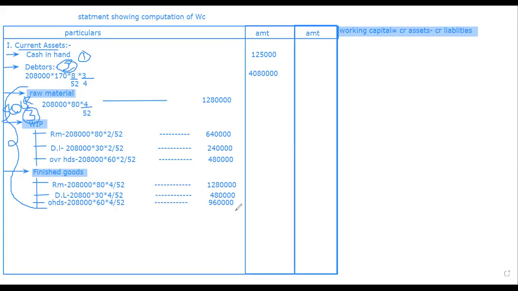So now I have done with all these things. If we add all these things, let me add how much we are getting, we'll check it out and we'll put it in the outer column.